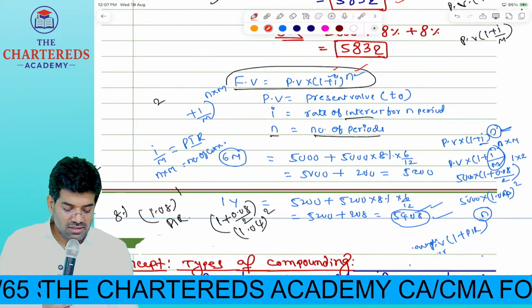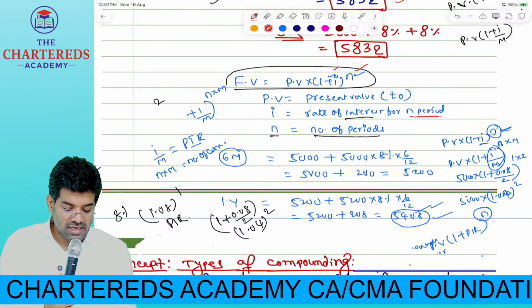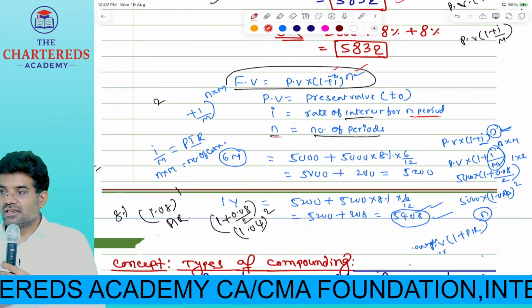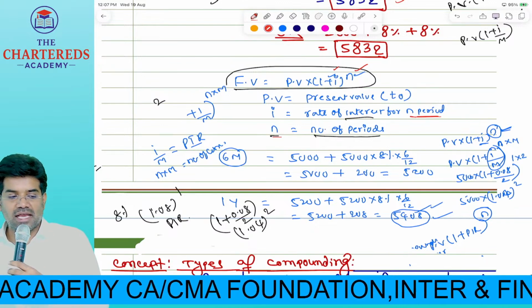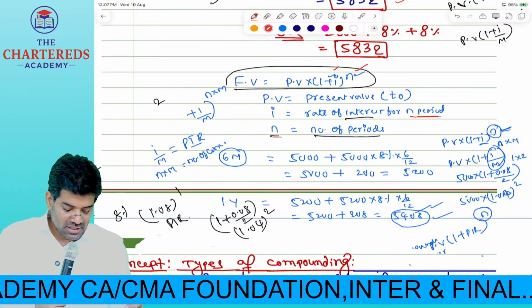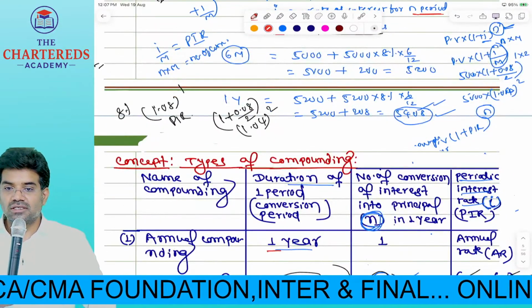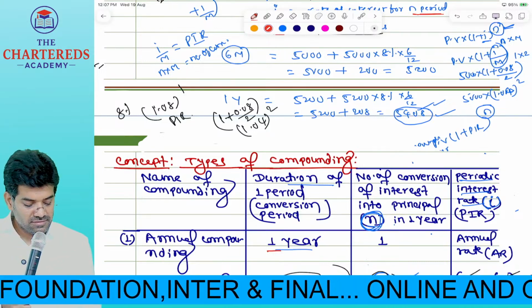So here I is equal to rate of interest for n period. N is equal to number of periods. Better you call it periods instead of year, because period of investment can change. Now yesterday we completed up to here, present and future value of single cash flow.